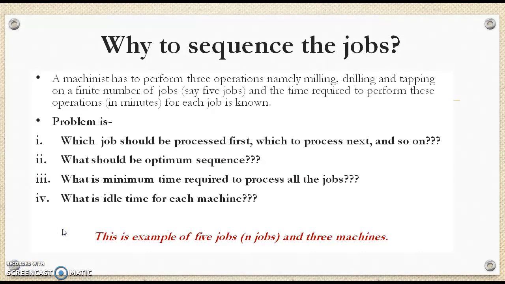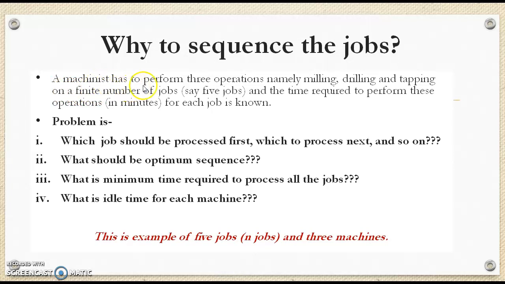Friends, now let us discuss why it is necessary to sequence the jobs. Let us take an example. Suppose there is a machinist, we call it an operator.